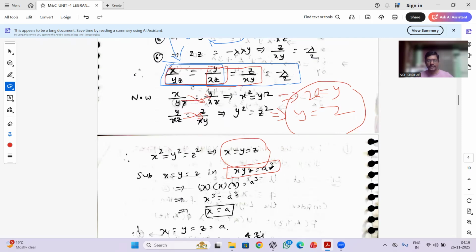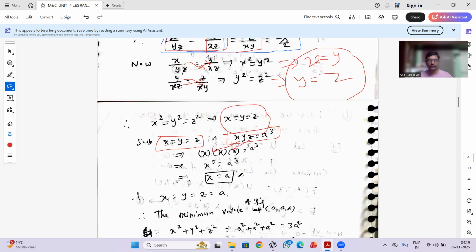So x is equal to y is equal to z, we substitute in the condition. In the place of y we can substitute x, and in the place of z also x. So x into x into x is nothing but x cube. x cube is equal to a cube. Therefore, x is equal to a.